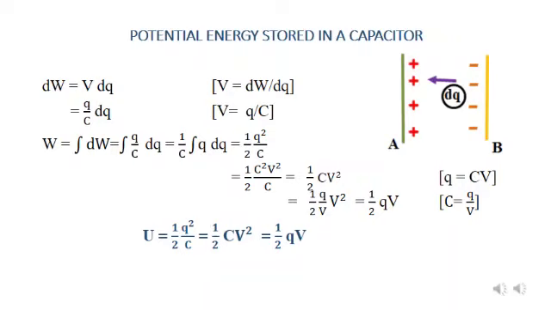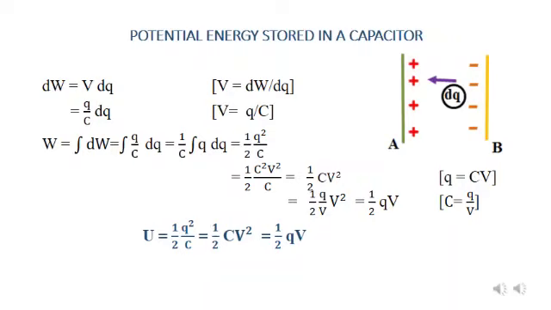So we can write dW equals V into dq. Since V equals q by C, dW equals q by C into dq.